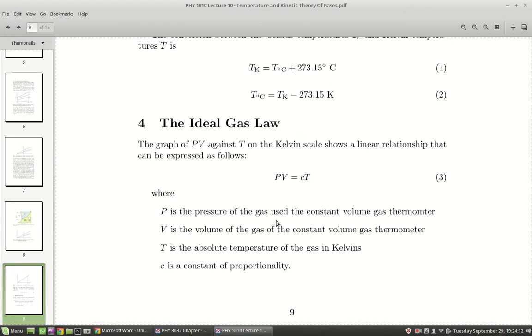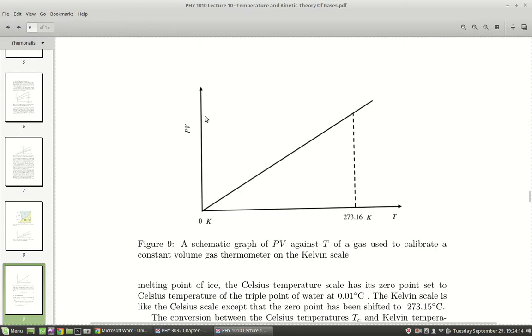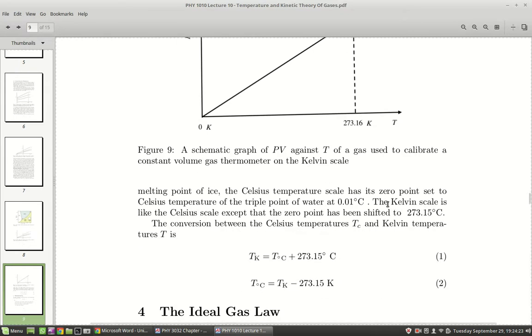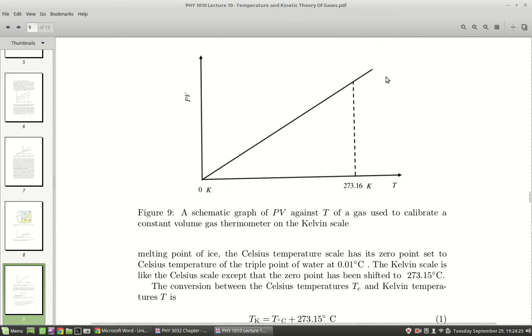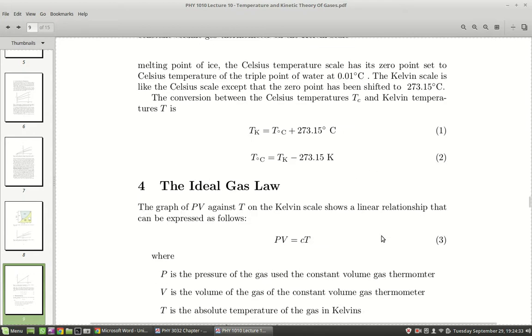Now in our case, what is on the y-axis is your product of pressure times volume, and what is on the x-axis is the temperature. So basically, you can describe this line in the form of a straight line as PV equals C, which is your slope, multiplied by your x, which is the temperature, like this.